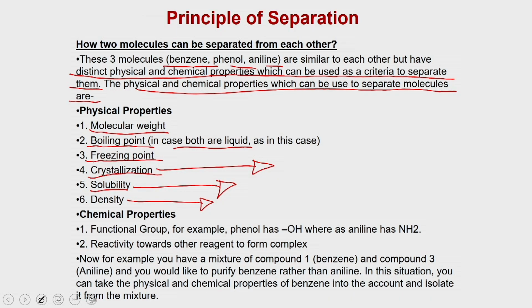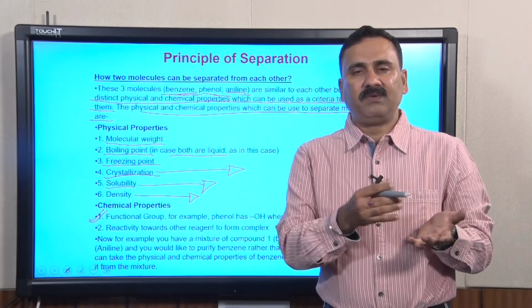Then, sometimes when the physical properties are not good enough, people also use the chemical properties. For example, the functional group: if you see these three molecules, benzene does not contain any functional group, whereas phenol contains a functional group of OH, and aniline contains the functional group NH2. Once you have the functional groups, you can exploit them because they could have a differential reactivity, and that differential reactivity could bring some alteration in terms of physical properties.